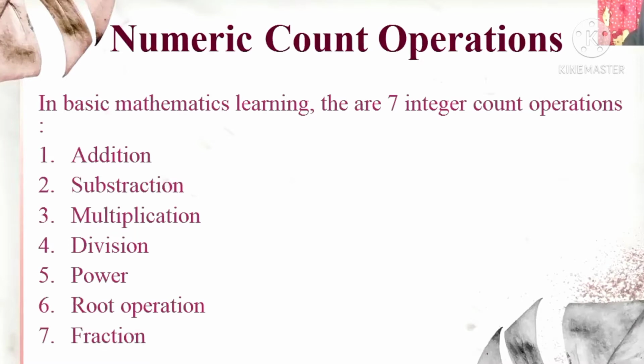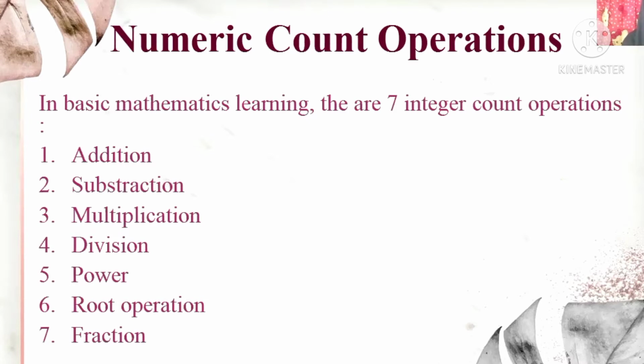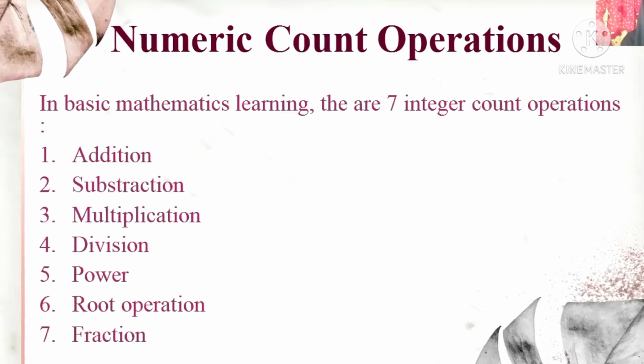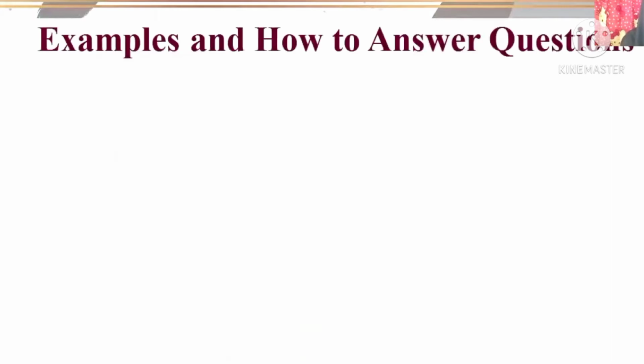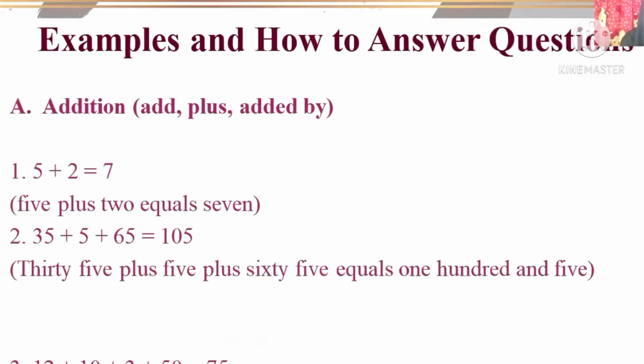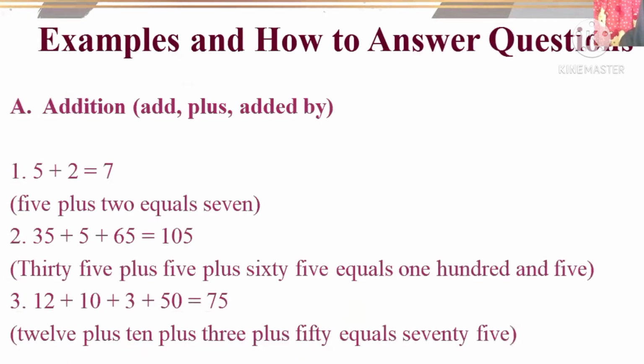Numeric count operation. In basic mathematics learning, there are 7 integer count operations. The first, addition, subtraction, multiplication, division, power, root operation, and the last is fraction. Examples and how to answer questions.